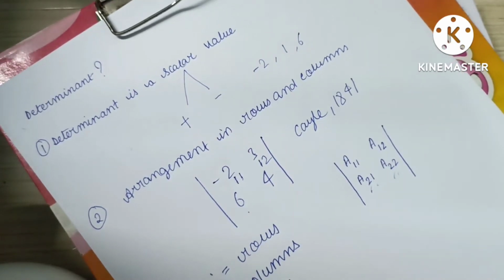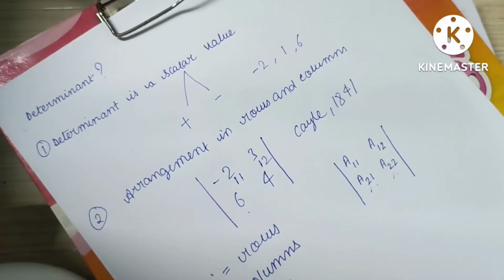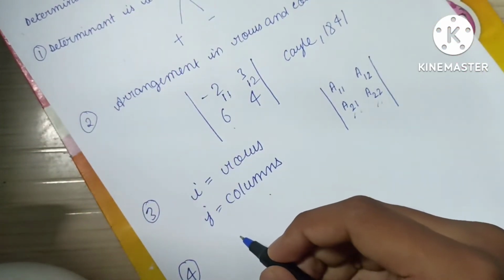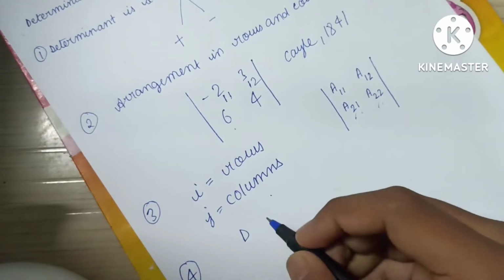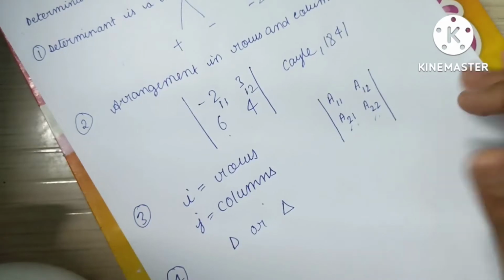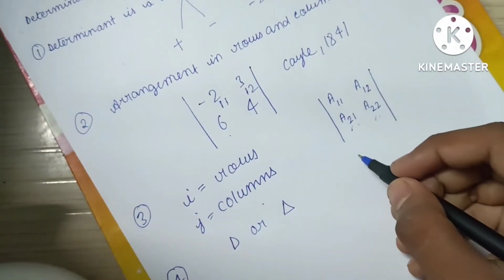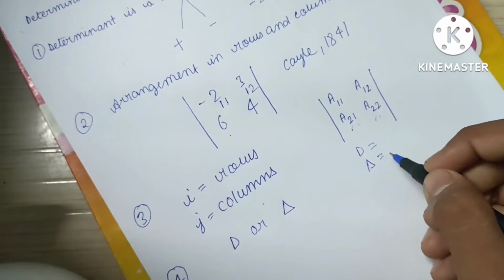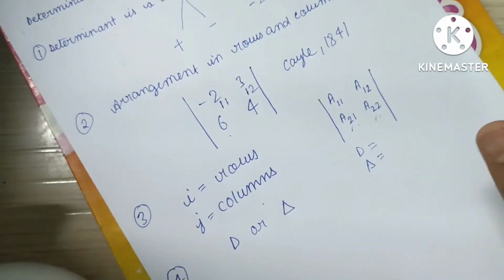Another important thing is that the answer of a determinant can be written as D, capital D, or a symbol similar to delta. That is, if we solve this determinant, we will get D is equal to something, or a delta-like symbol is equal to the answer.